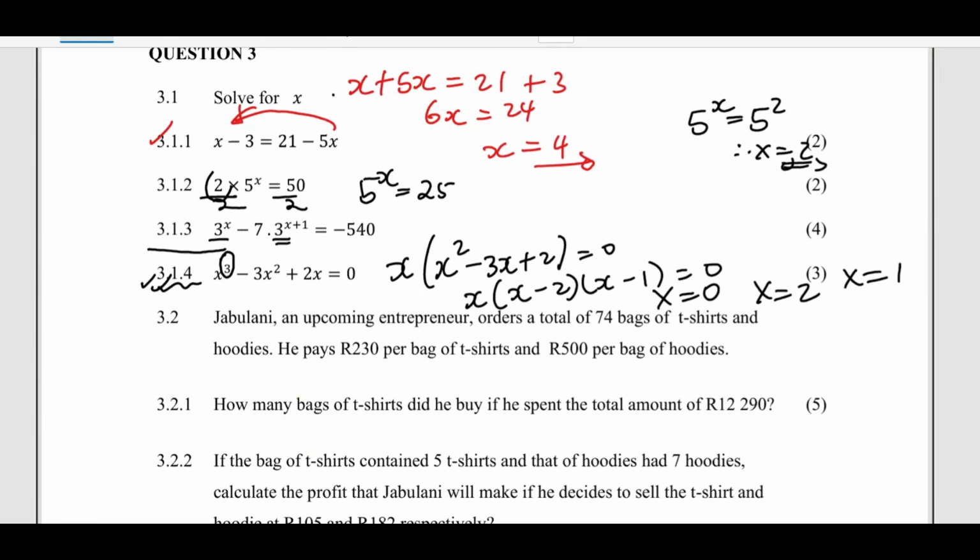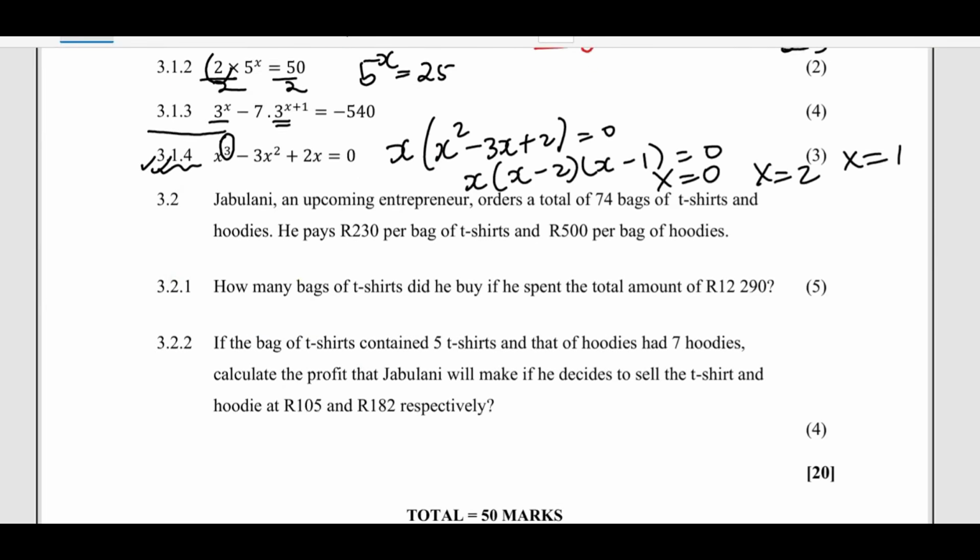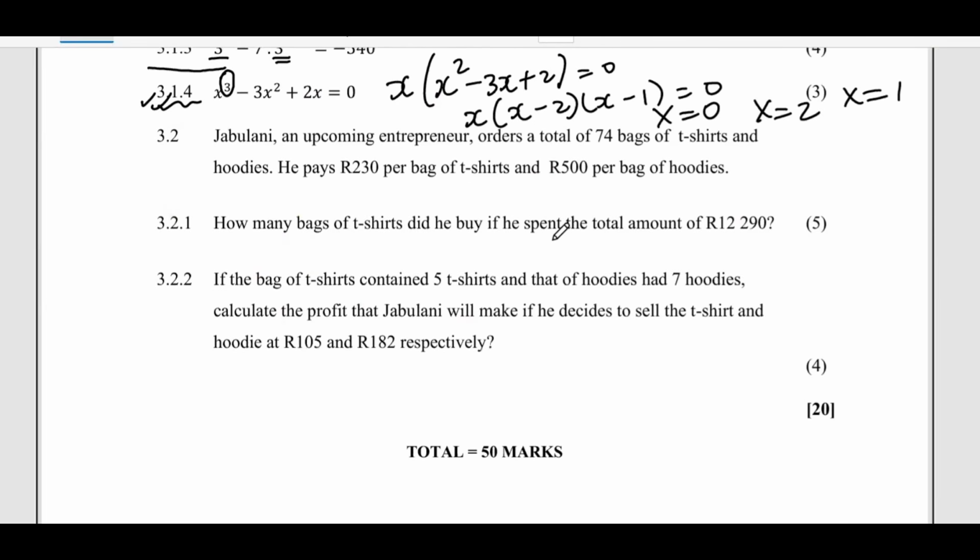All right, then 3.2. They are telling us that Jabulani is an upcoming entrepreneur. He orders a total of 74 bags of t-shirts and hoodies. He pays $230 per bag of t-shirts, and then $500 per bag of hoodies.